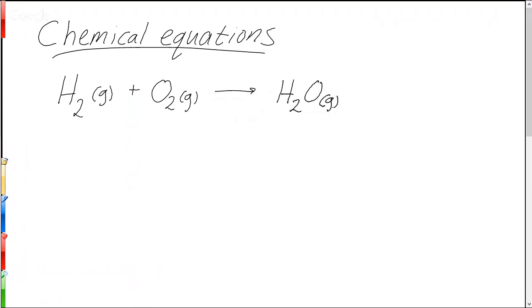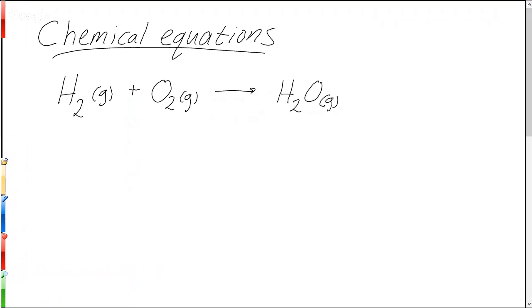And we're going to do a bunch of chemical equations in lab next week too. So it's telling you what happens in a chemical reaction. Now the equation is not the reaction itself, it's just a way of describing the reaction. So in this case, we're saying that hydrogen gas and oxygen gas are combining to make water vapor.